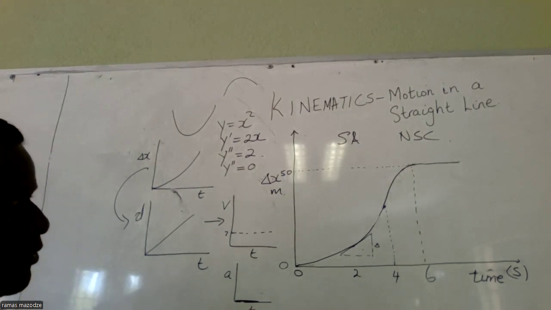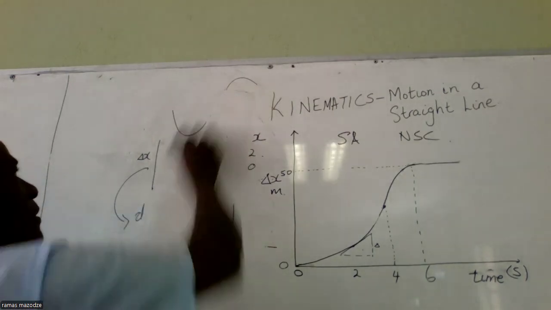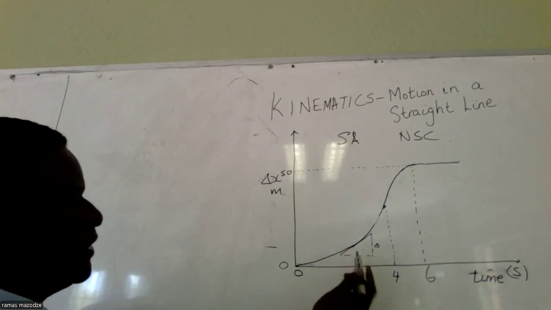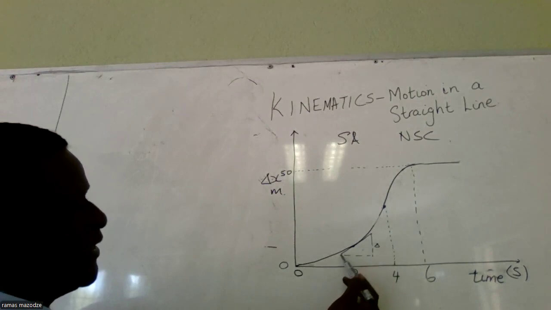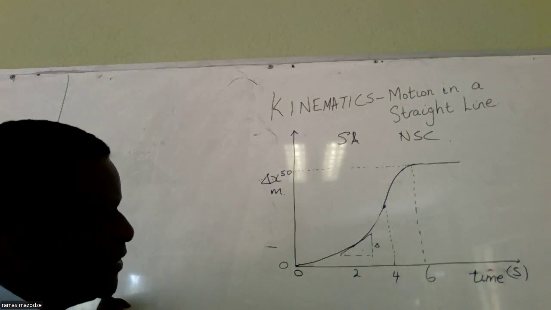So now I'll go straight into the question. They said the gradient at 2 points, I've already drawn this. You put a tangent there, the gradient is 8. Prove that the acceleration is 4 meters per second squared.